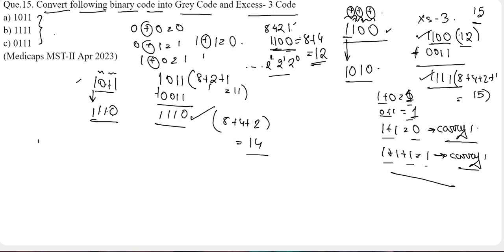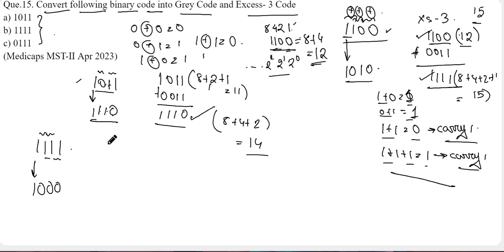So for the next example, 1111. If you want to write its Gray code, at first write the most significant bit 1, then XOR this with the adjacent bit, we get 1 XOR 1 is 0, then we XOR with the adjacent bit, we get 0, then we XOR with the adjacent bit, we also get 0, because 1 XOR 1 will be equal to 0.